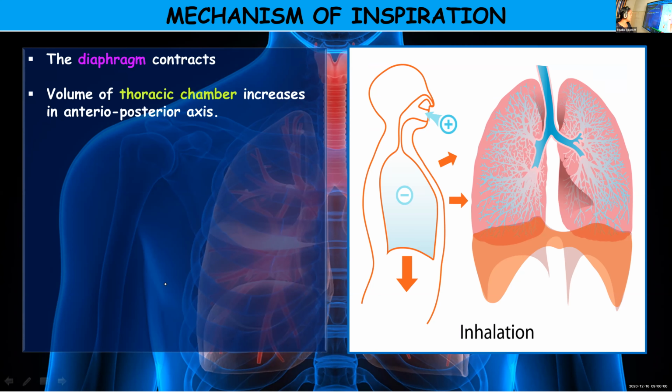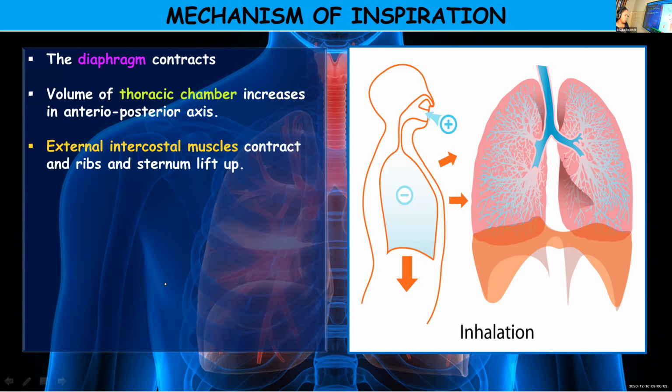Costa means rib, and intercostal means in between the ribs. So the external intercostal muscles lying between the ribs also contract, and the ribs and the sternum lift up. You can feel your sternum and ribs getting lifted up. The diaphragm goes down, and the thoracic chamber increases in volume.